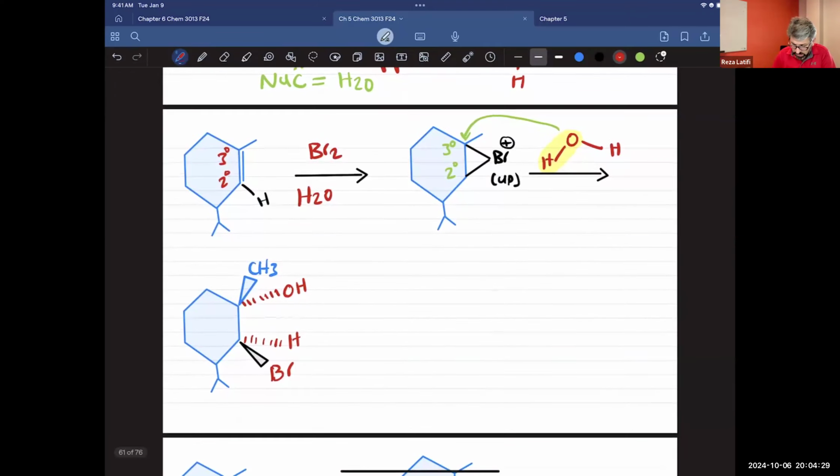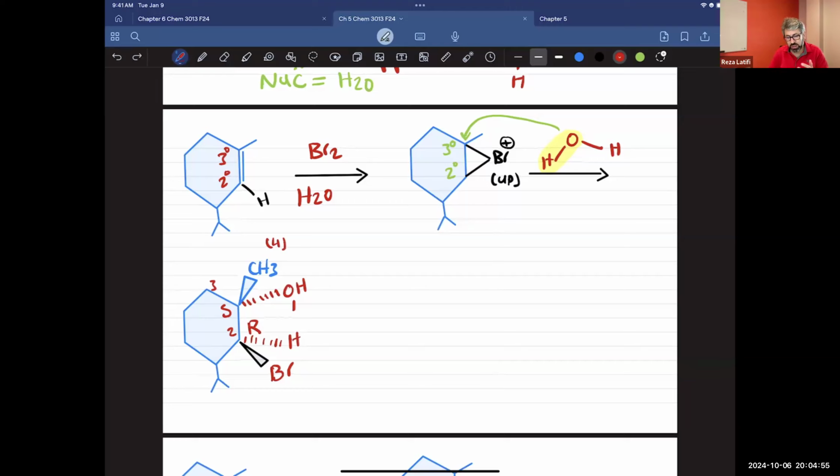This is going to be number 1, that's going to be number 2, and this is number 3. So I go 1, 2, 3, supposed to be R, because methyl, the 4th one, is facing us. So this one's supposed to be R, we get S. And for the second one, I go 1, 2, 3, this is going to be R. So I got S and R.